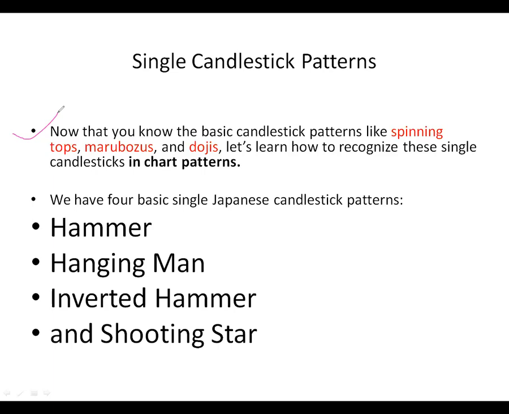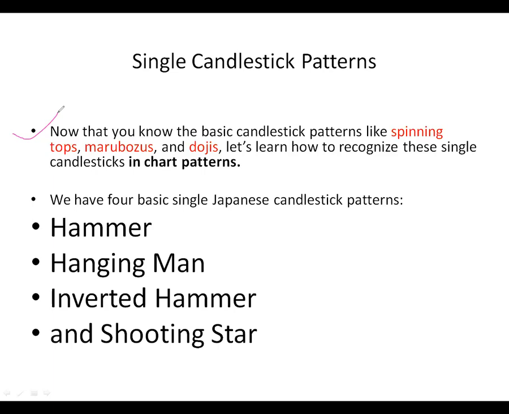And we have 4 basic single Japanese candlestick patterns. And they are the hammer, the hanging man, the inverted hammer, and then the shooting star. These are the 4 basic single Japanese candlestick patterns.